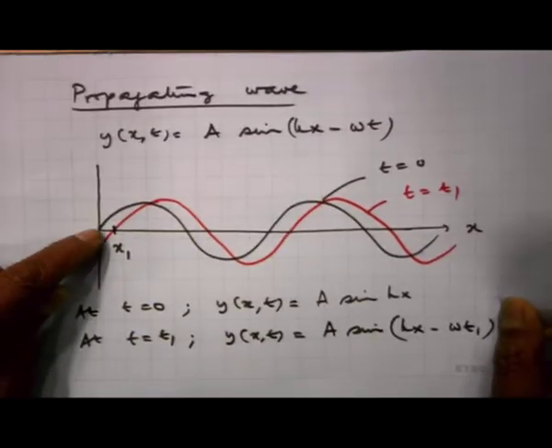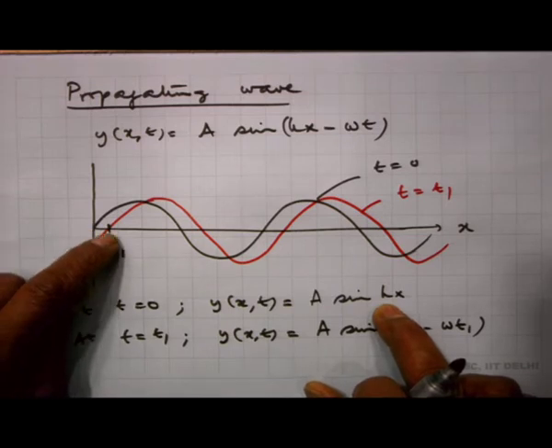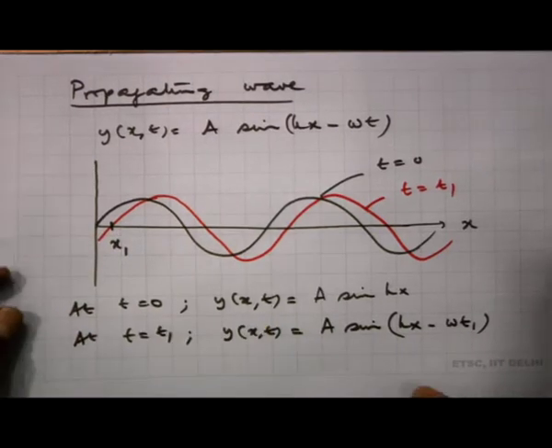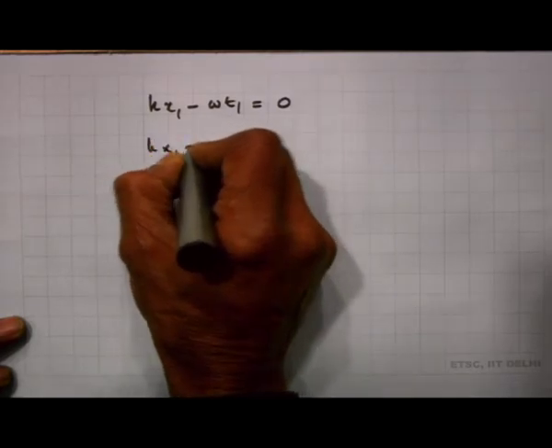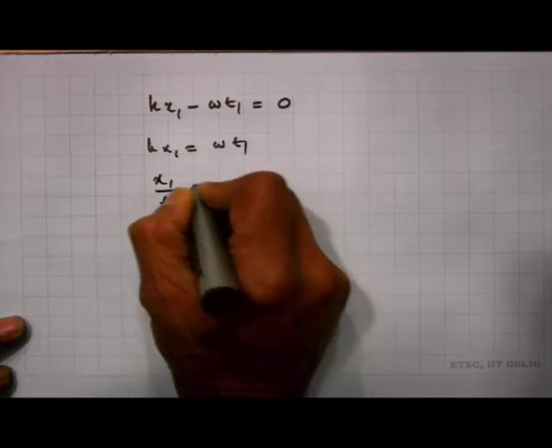At the earlier point, the argument of the sine function was 0, k x equal to 0. At this point, k x1 minus omega t1 is again 0; the same point has moved here, and so x1 and t1 are related. So k x1 must equal omega t1, or x1 by t1 is equal to omega by k.